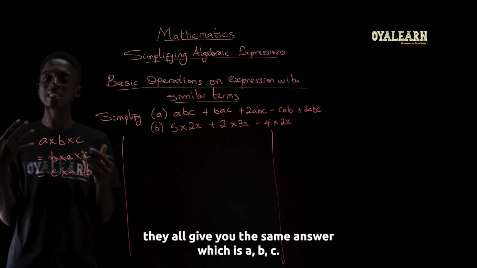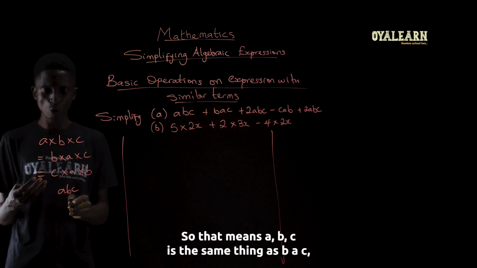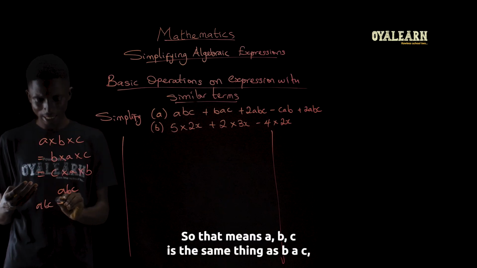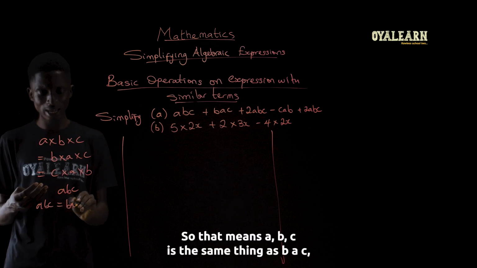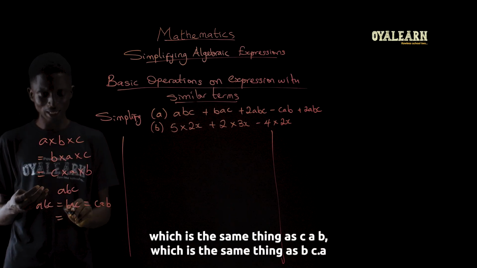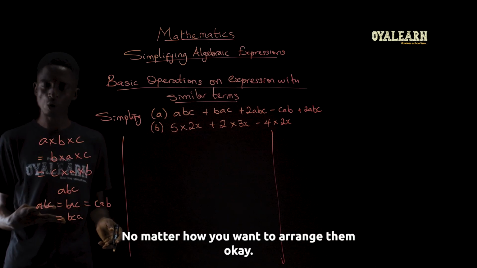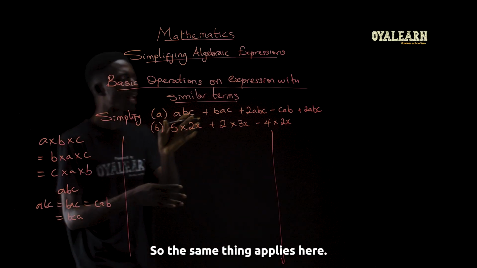They all give you the same answer, which is ABC. So that means ABC is the same thing as BAC, which is the same thing as CAB, which is the same thing as BCA, no matter how you want to arrange them. Okay? So the same thing applies here.